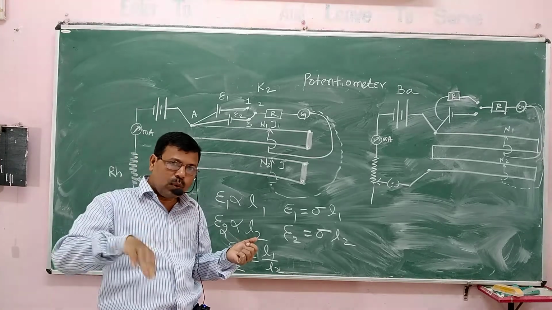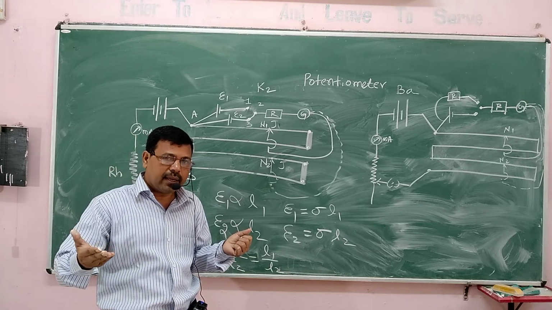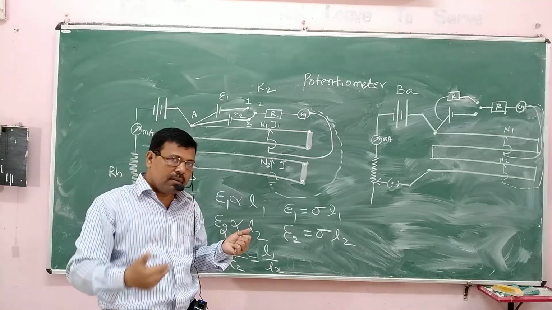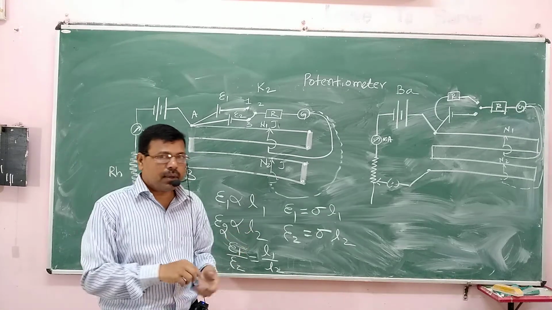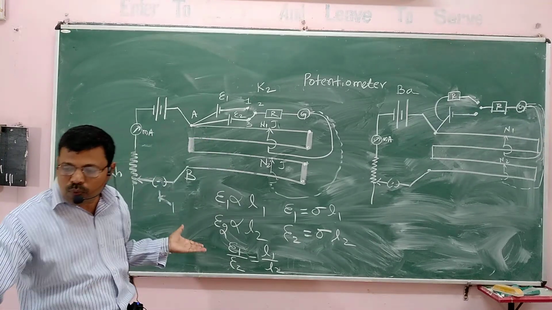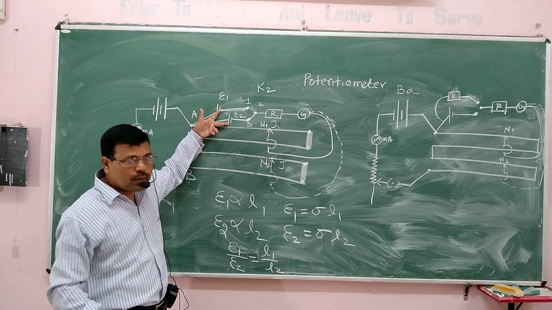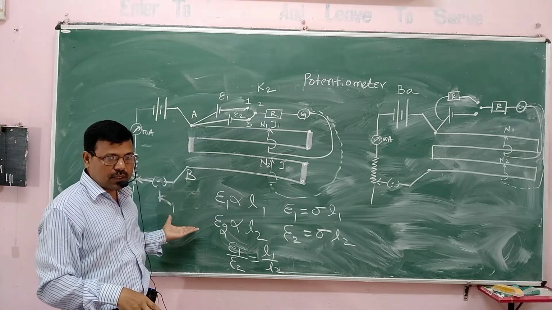Secondary cells are those chemical cells which can be recharged again and again. For example, a lead accumulator or car battery is an example of a secondary cell. So this completes how we compare two EMFs using a potentiometer.